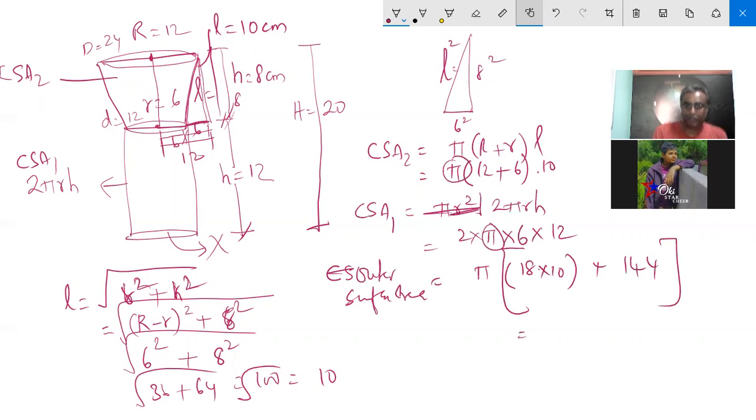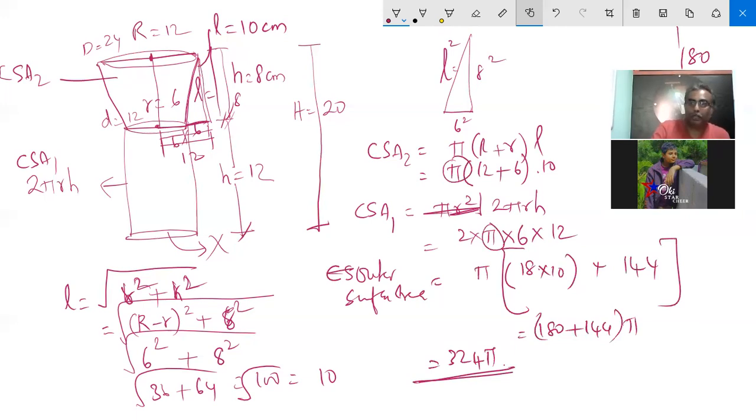That is 180 plus 144 into pi. 180 plus 144, what is that? 4 plus 0, 4. 8 plus 4, 12. 324. So that is equal to 324 pi. This is the outer surface area.